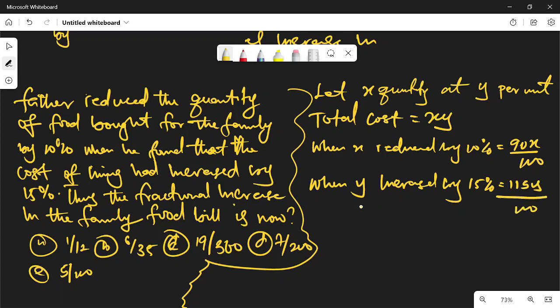Are you following? So now the total cost will now become this multiplied by this.